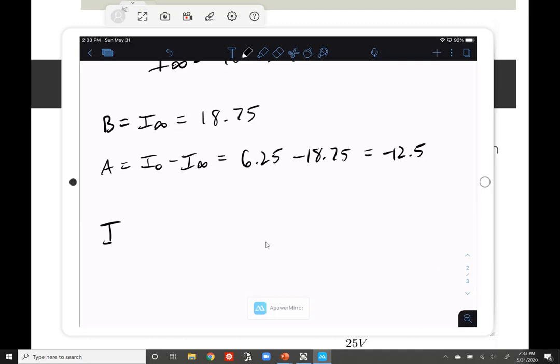So putting this together with what we have so far, we have that the current in the battery over time is minus 12.5 e to the minus t over tau plus 18.75. All that's left to do here is find tau and then solve.